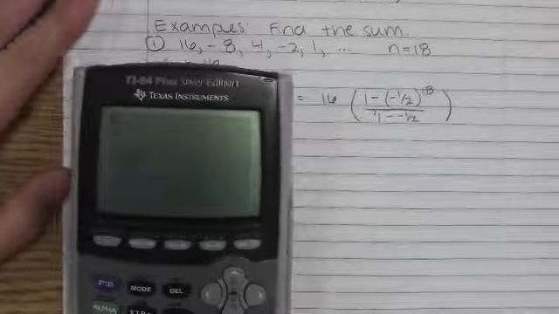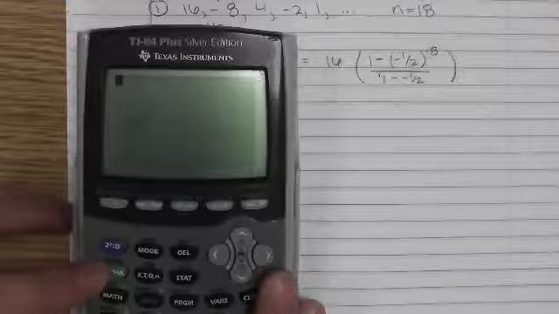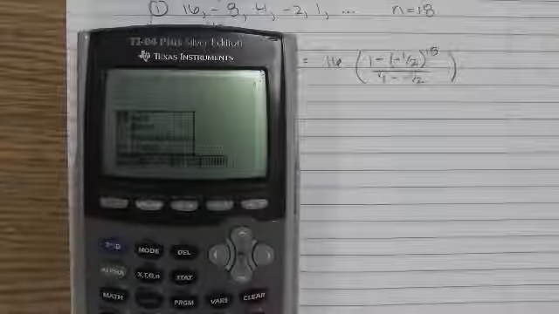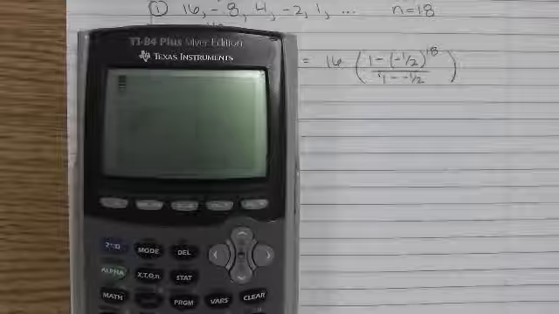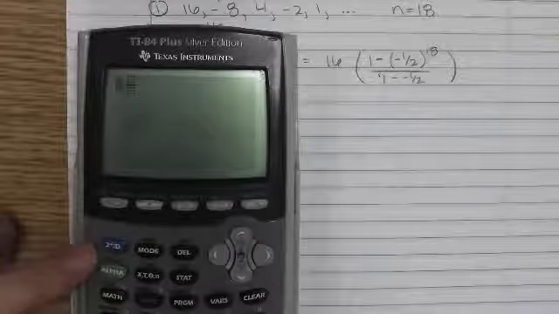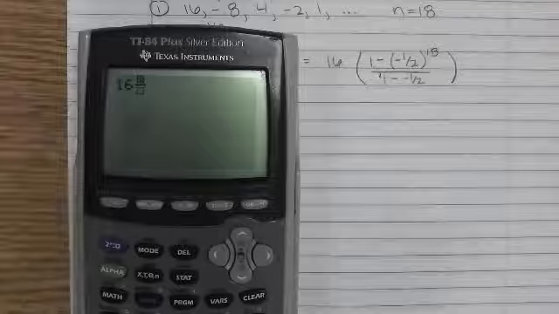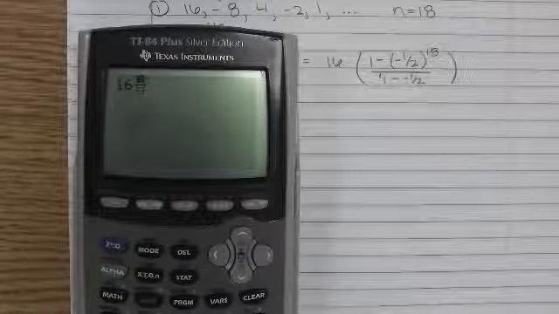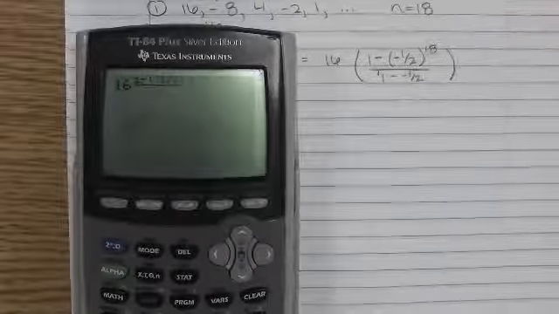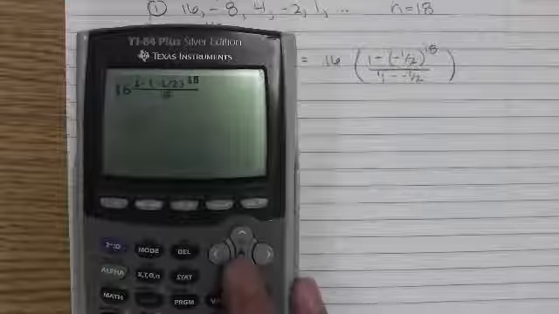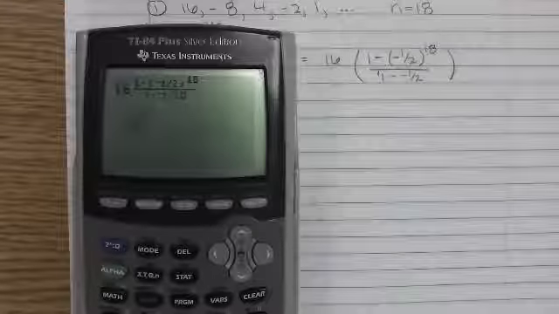Now, these can be kind of tricky to plug in, so if you have a newer calculator, hitting the alpha y equals button and using fractions to plug this in is really good, just because then you are less likely to plug in something wrong. So 1 minus negative 1/2 to the 18th over 1 minus negative 1/2.